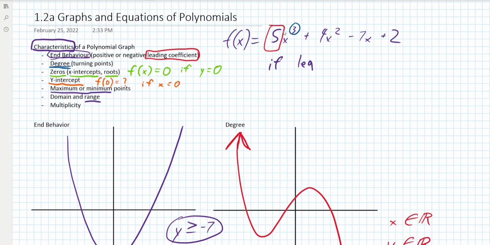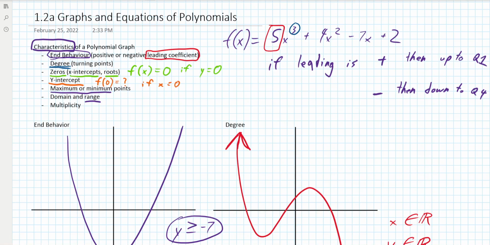If the leading coefficient is positive, then it will go up to quadrant 1. If it is negative, then it will go down to quadrant 4. This is our end behavior on the right side of our graph.